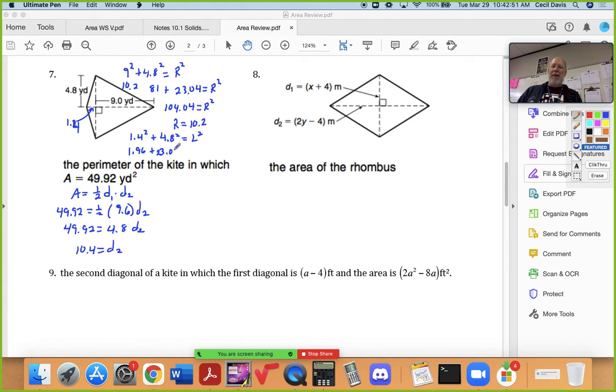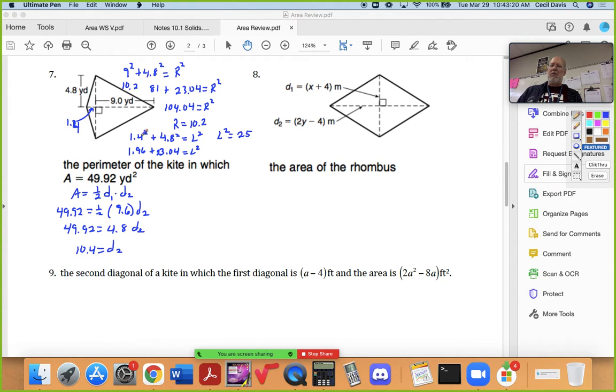Did you use 28.04? You should get L squared is 25. I did 1.96 plus b squared equals 23.04. Wait a minute. 1.96 plus what? B squared equals 23.04.